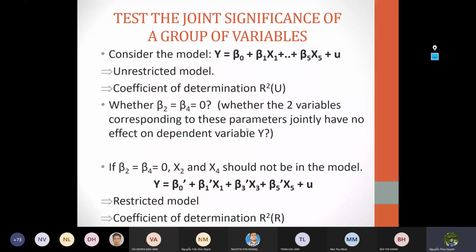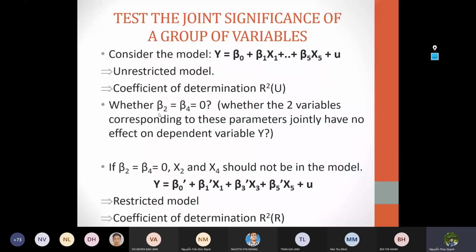So we want to test the joint significance of them, to see if there is a joint significance of x2 and x4 on y. So we will test the hypothesis H0, that is beta 2 equal to beta 4 equal to 0, which means that there's no joint effect of x2 and x4 on y.